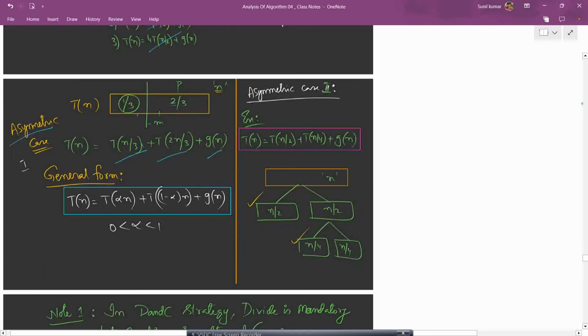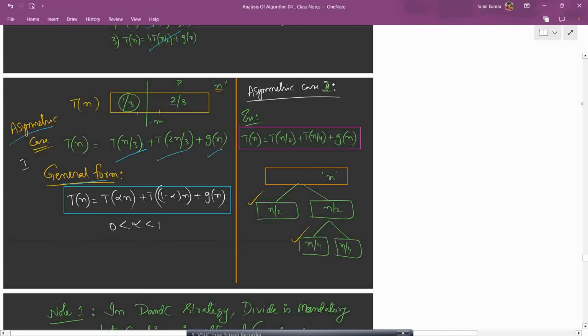The general form would be T(alpha n) plus T((1 minus alpha) n) plus g(n). Or else an asymmetric case would be T(n/2) plus T(n/4) plus g(n).